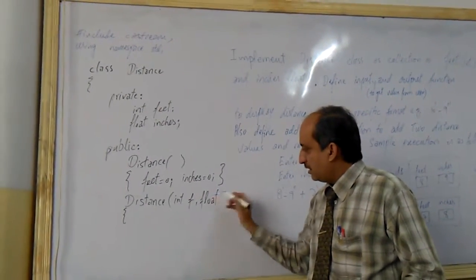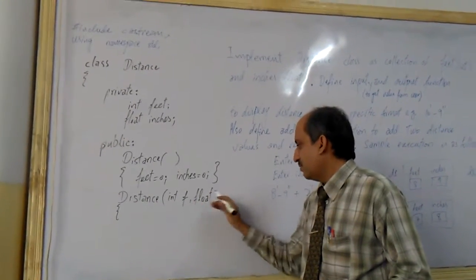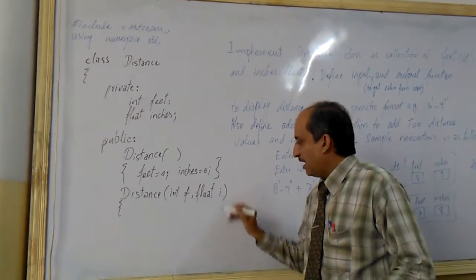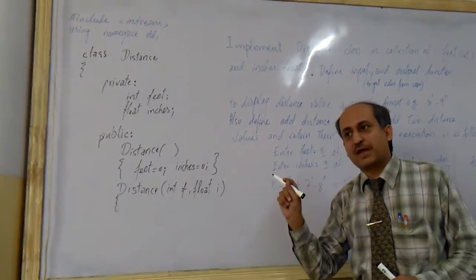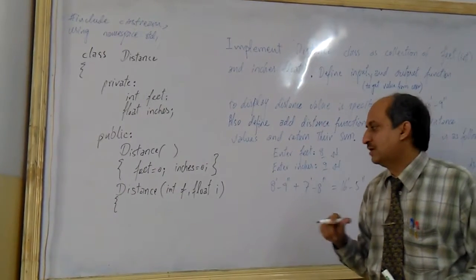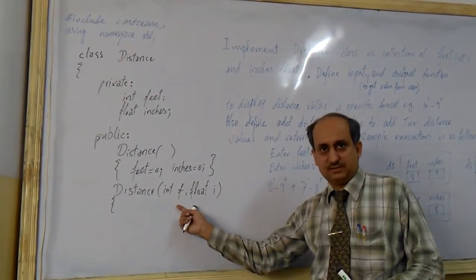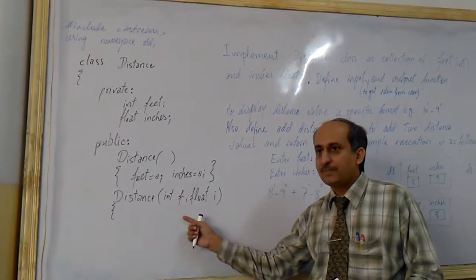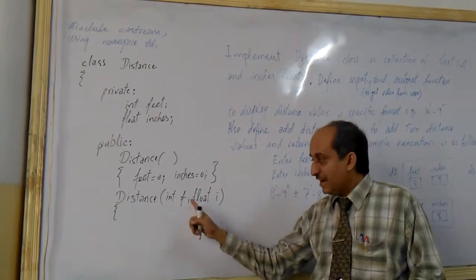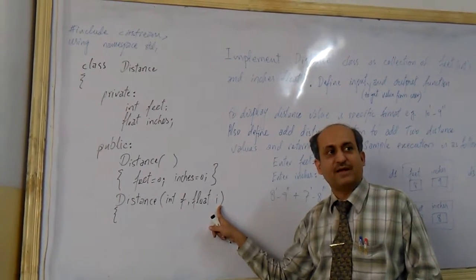Int f for feet, a local variable, and float i for inches. The values passed from the main program, which we shall write shortly, will be assigned to these arguments, these parameters of the constructor function. Those values will be assigned to these local variables f and i.